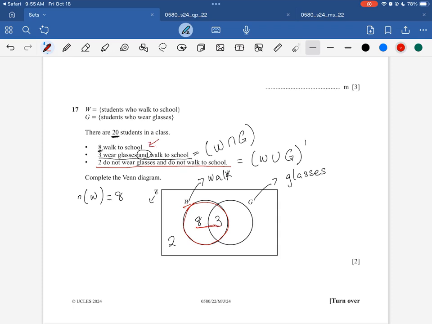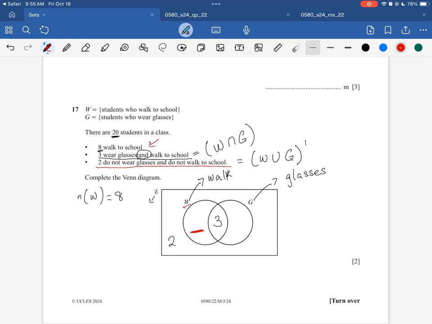So we are going to do a little algebra here. If 8 people walk to school and we know that 3 people are already in the set, what number will you have here for the number of people who walk only?